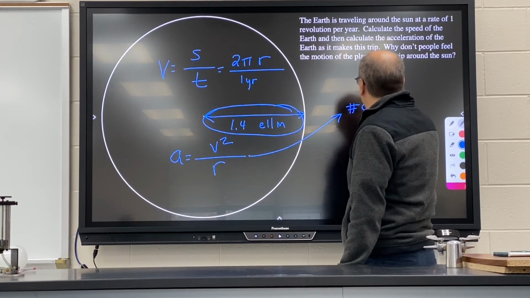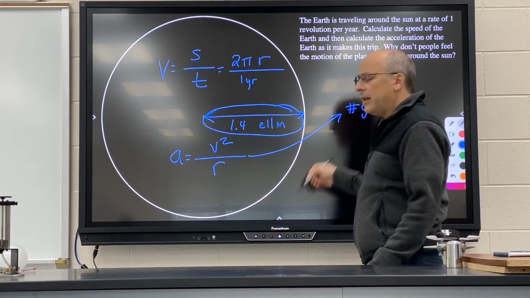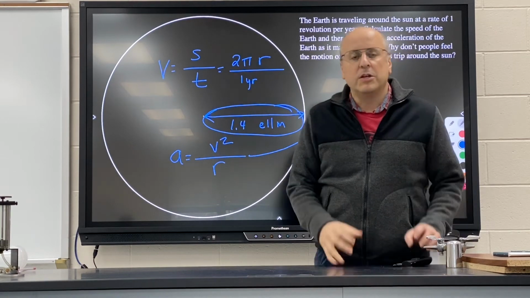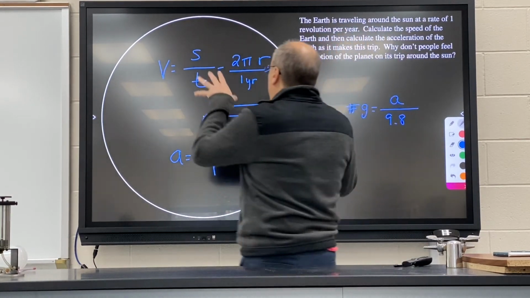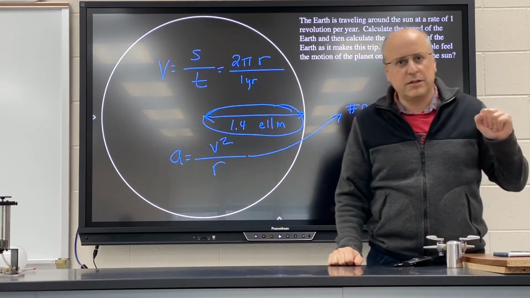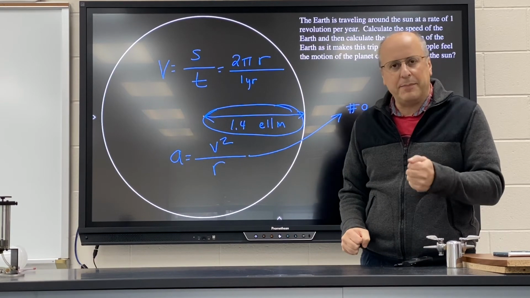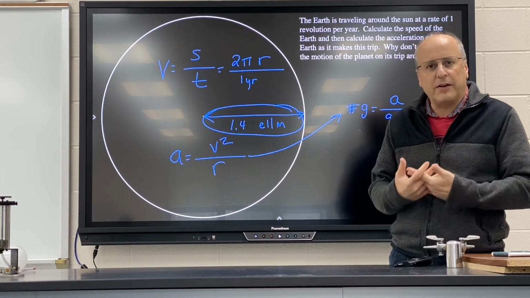And when you find your number of G's, you're going to see that it comes out incredibly small. So even though the Earth is going to have a very high speed, it's going to have a very low number of G's, which means that we don't feel it. Okay, we don't feel that motion, even though it's very fast.